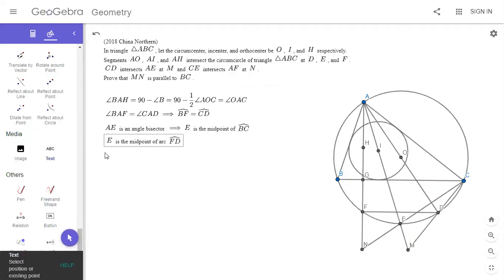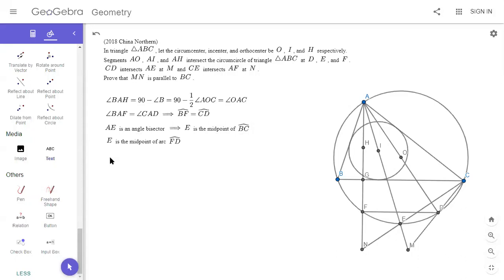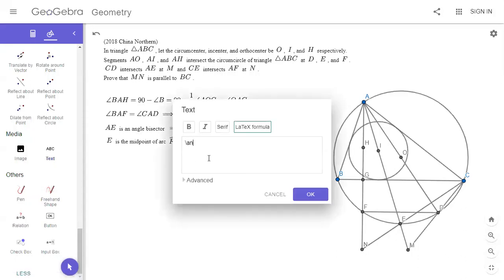So I'm going to write this out. I'll write it like this. So angle NAE is equal to angle FAE is equal to angle ECB is equal to angle NCM.